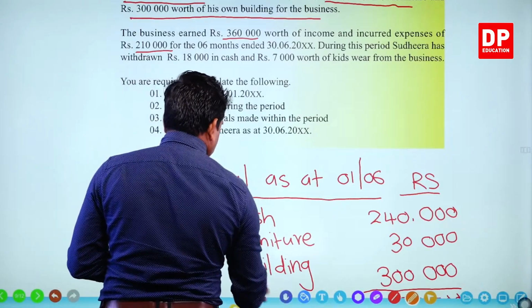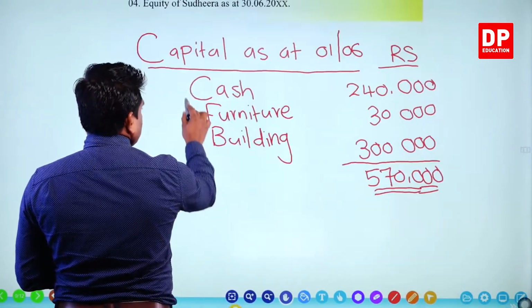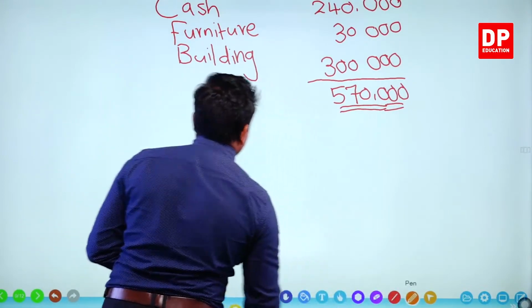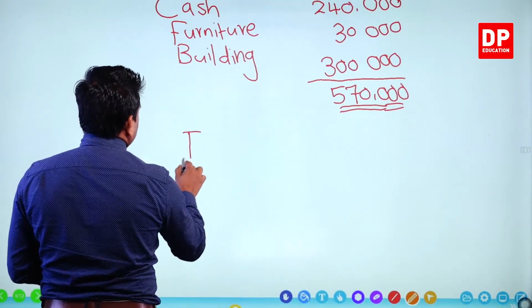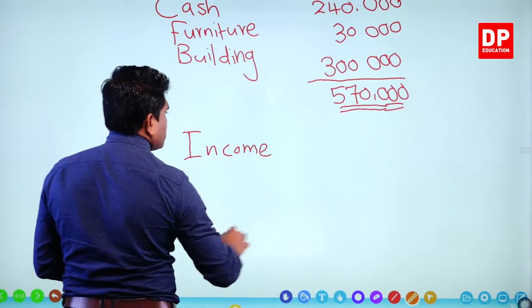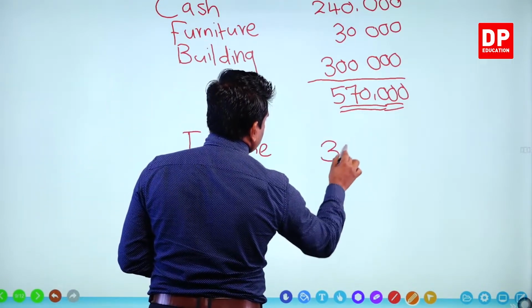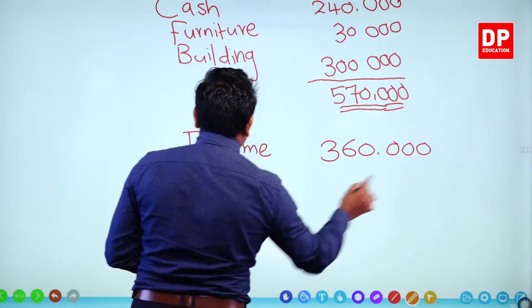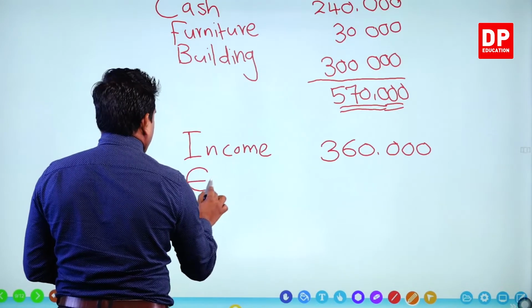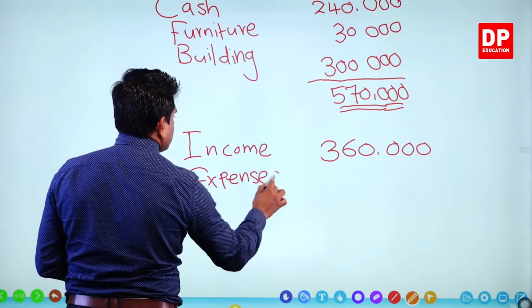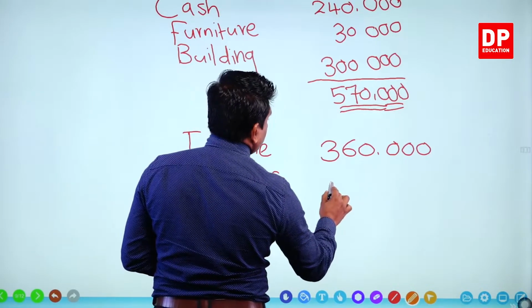Now we can find income, 360,000. Expenses, you subtract expenses, it is 10,000.